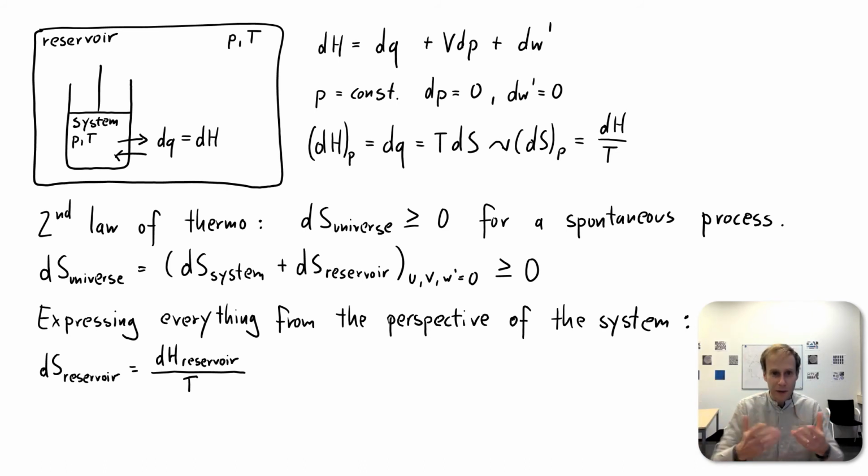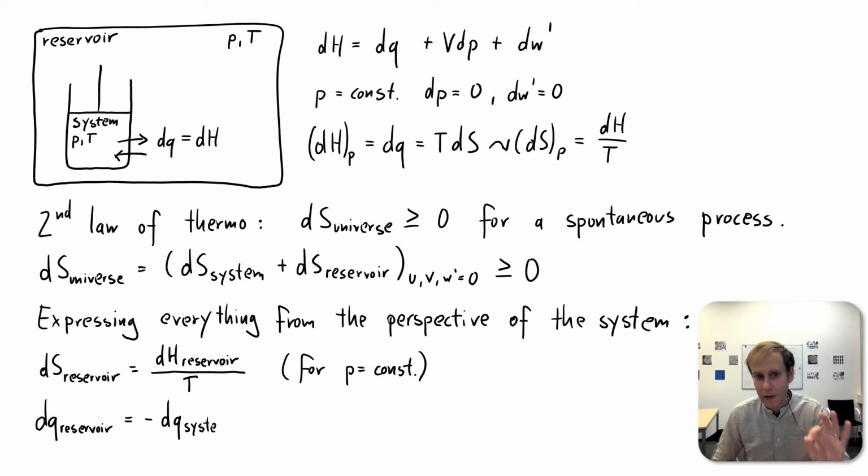The amount of heat that goes out of the system, if it goes out, the system will have a negative heat, but then that heat will be added to the reservoir. So the heat that's added to the reservoir is going to be positive, right? This is for constant pressure, everything, of course. So the heat that goes into the reservoir is the negative of the heat that comes from the system, right?